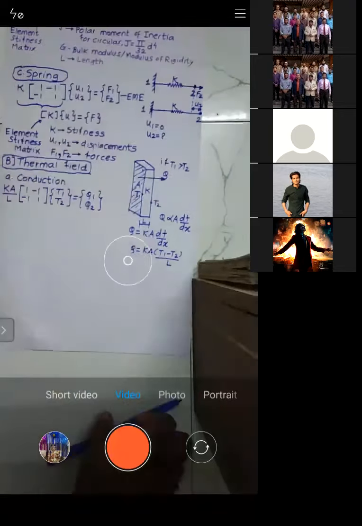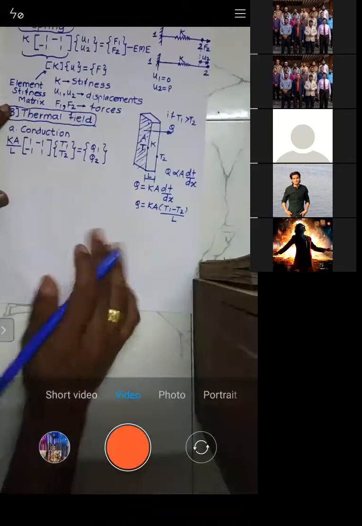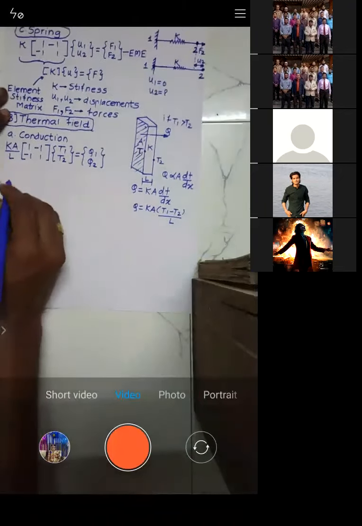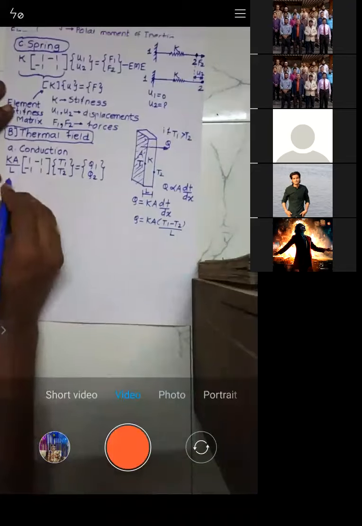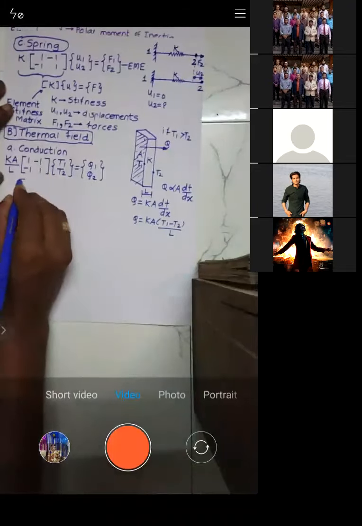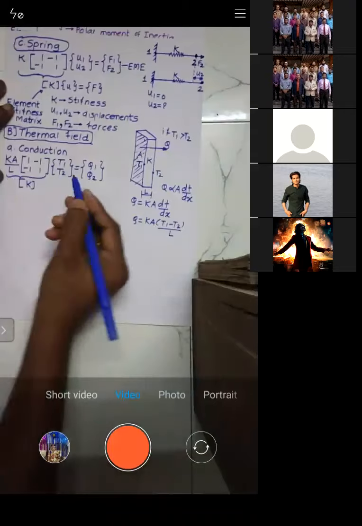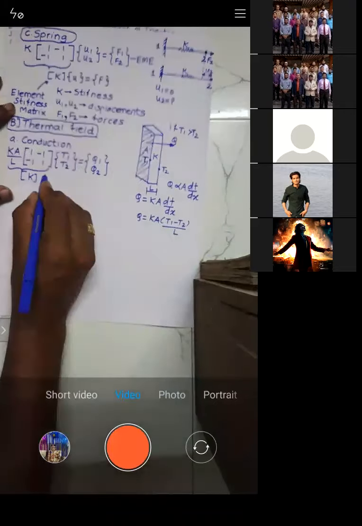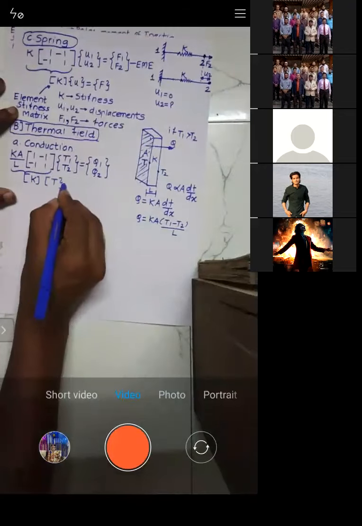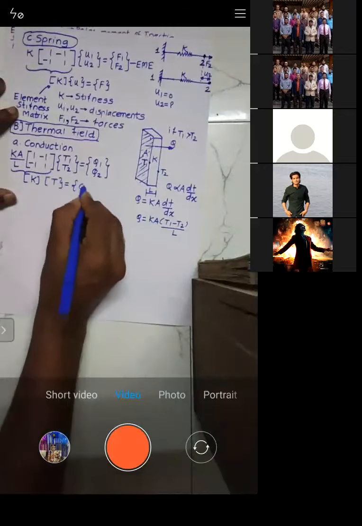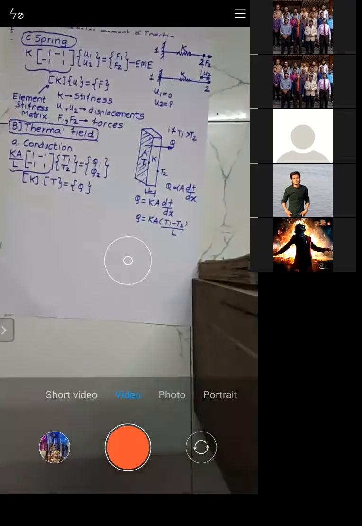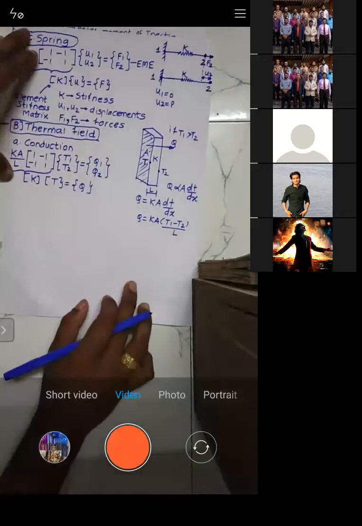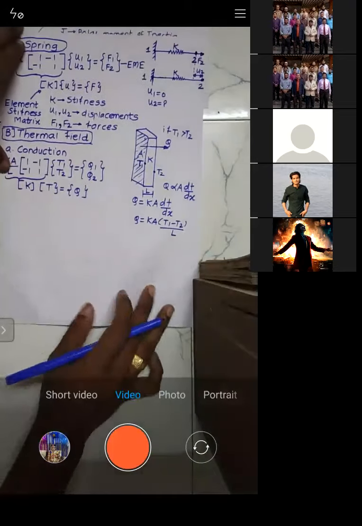Now let's consider the second case. Let me write down here first. What is K? I need to write down here the stiffness matrix K. When you multiply it by temperature T, it will give me the value of Q. K into temperature T is given by Q. Now let's see, what is K?